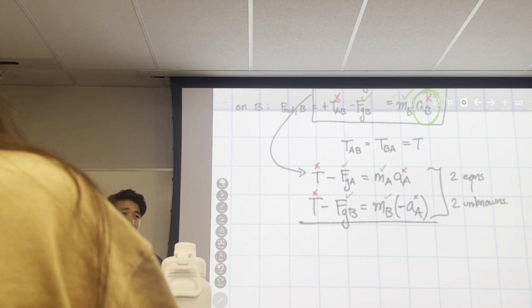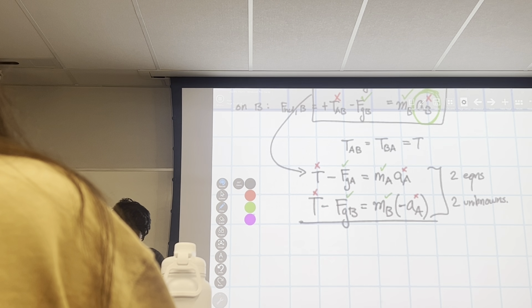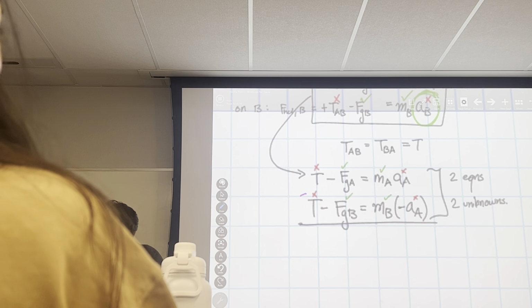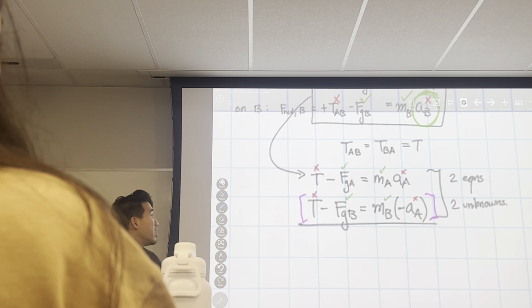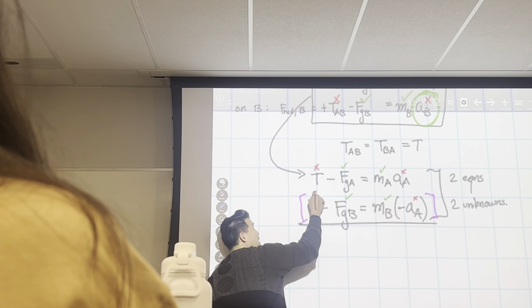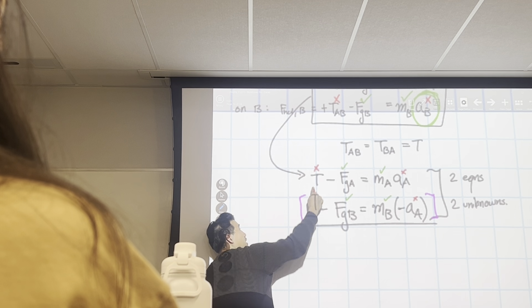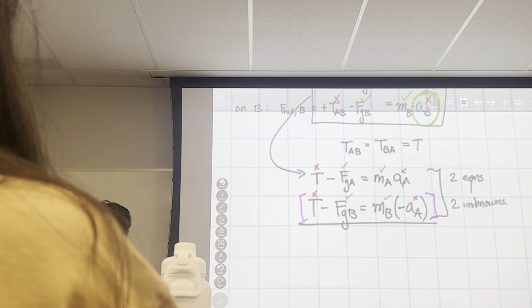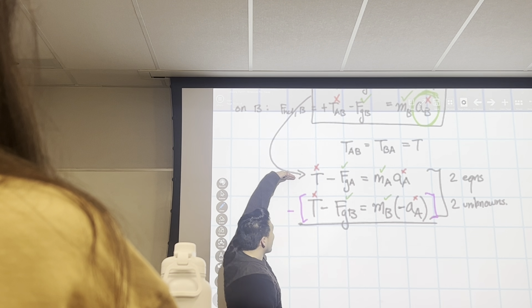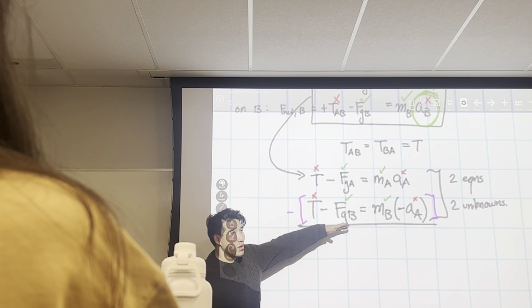Because we have enough equations to match our unknowns, this becomes a system of equations problem. And you can use whatever technique you like. In this example, I can see that I can get rid of a T by subtracting the second equation from the first one. So I'm going to do the first equation minus the second equation.